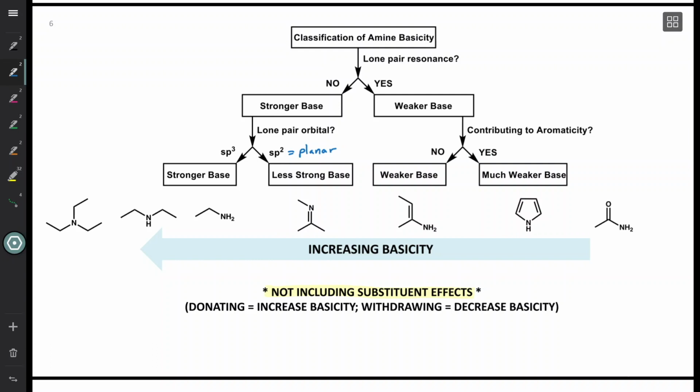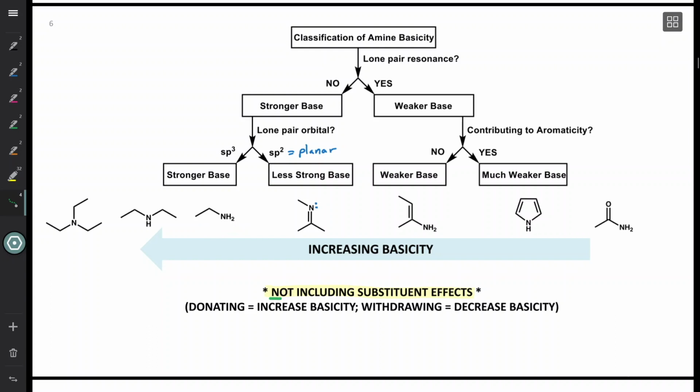So this, an amide, right? So this is not in resonance with this double bond, right? This here is, but this is not. It's on the same atom as the double bond. So this is not resonance. So this is planar instead of tetrahedral, and this makes it less of a strong base.